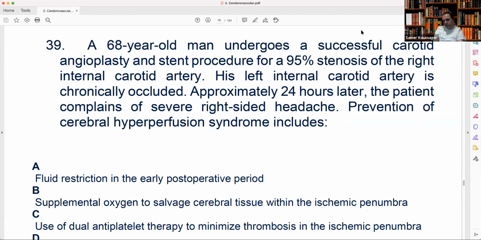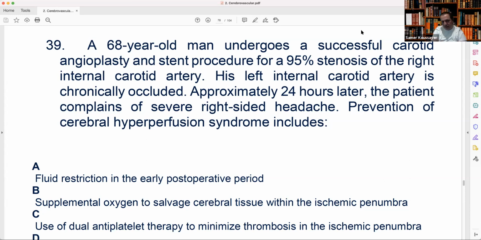So if a patient complains of headache after carotid, I usually send them for a stat CT to rule out intracranial bleeding or hemorrhagic stroke. So anytime a patient has a bad headache after carotid, take it seriously.